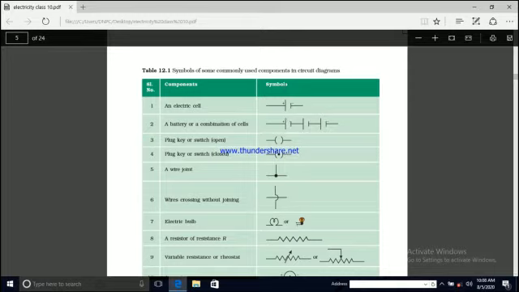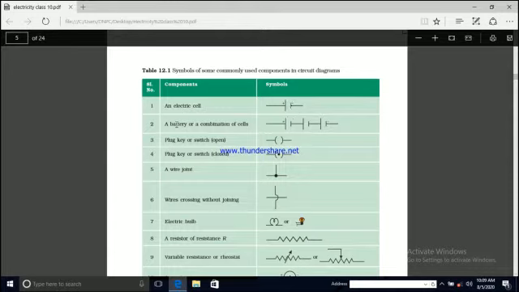The longer one represents the positive terminal of the battery, and the shorter one represents the negative terminal. Always remember that, don't exchange this.